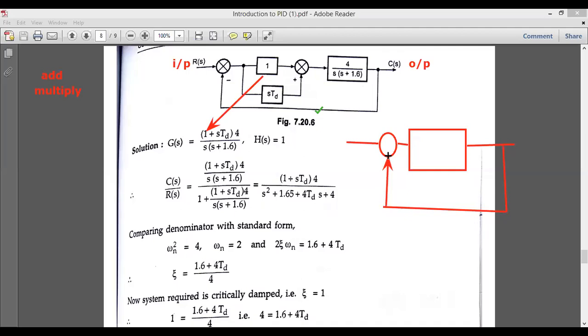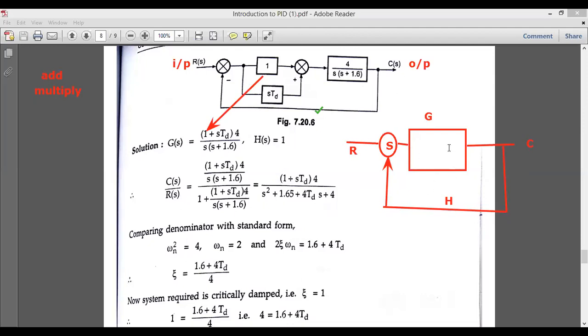Now this is your R(s), this is your C(s), this is your H block, and this is your G block. This is the summing block. So the input is R(s), same as it is, and the output is as it is.